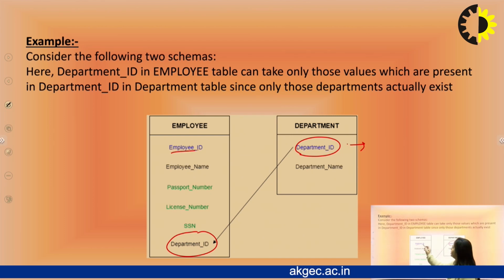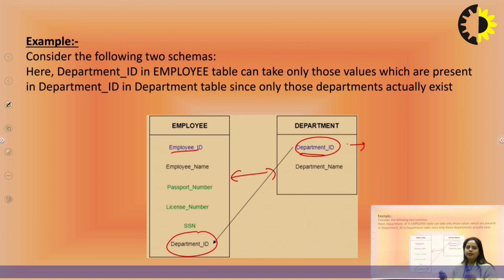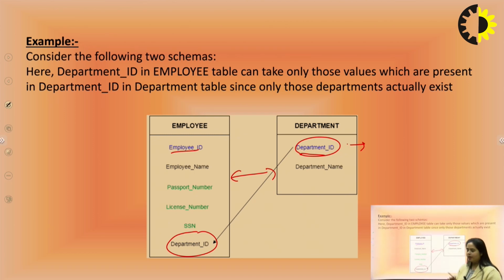Here employee ID is the primary key, here department ID is the primary key. So the attribute which works as a primary key in the other table, these two relations are connected. Employee is related to the department and department is related to the employee. Both tables are correlated with each other. So here one attribute will work as the primary key in the other table. So this department ID is known as the foreign key for the employee table.